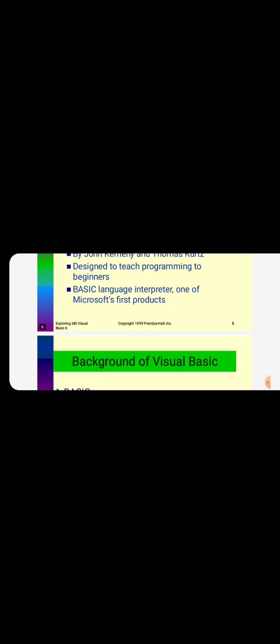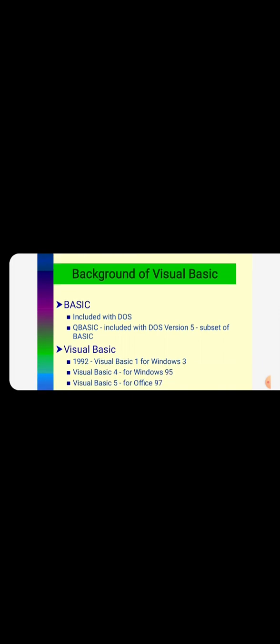Today we discuss what is meant by Visual Basic and its background. Visual Basic was designed for interpretation, to learn the components inside Visual Basic, and it is designed for beginners. The versions of Visual Basic include Windows 95, 97 and 98, and there are many editions of Visual Basic.